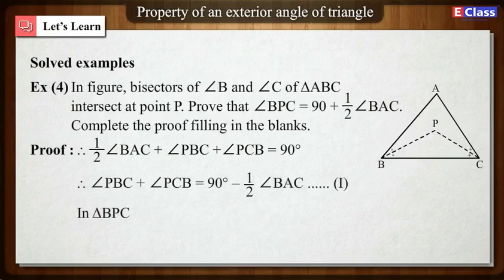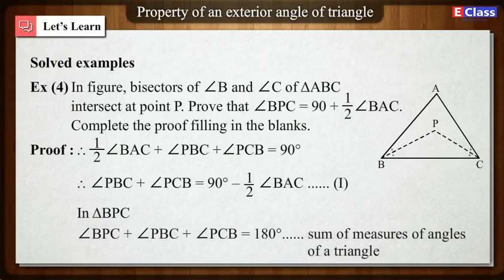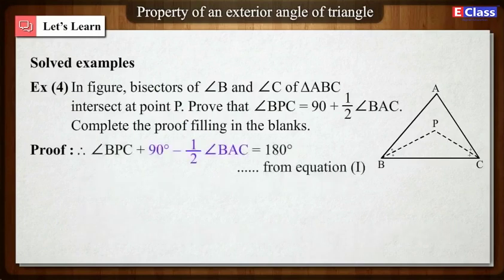In triangle BPC, angle BPC plus angle PBC plus angle PCB is equal to 180 degrees by sum of measures of angles of a triangle. Therefore, angle BPC plus 90 degrees minus half angle BAC is equal to 180 degrees from equation 1.